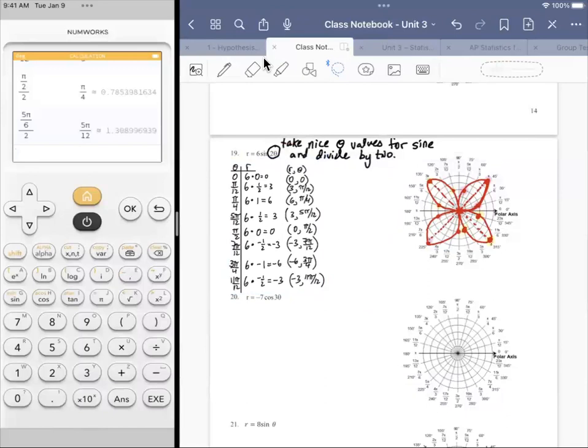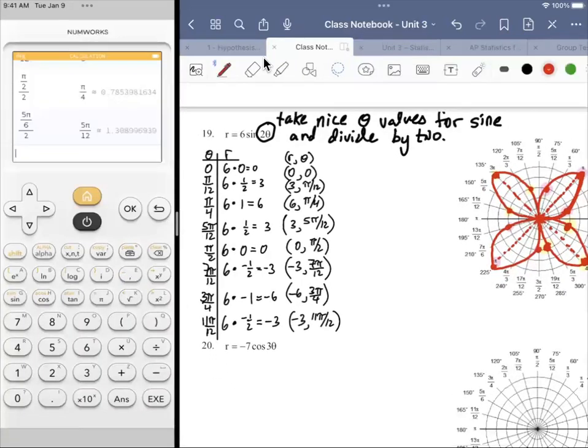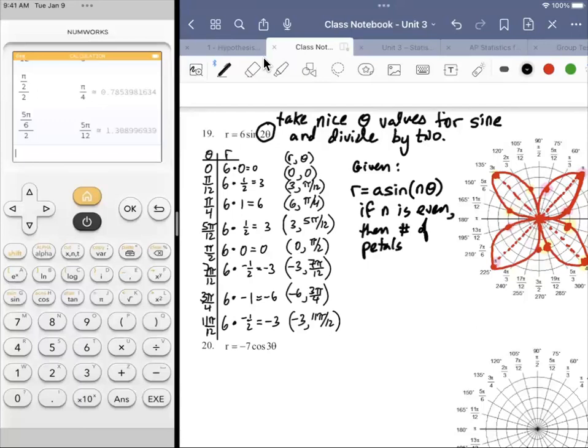In a rose, if the coefficient is even, then the number of petals will be equal to twice that value. All right. So I know that's kind of a wordy way of saying it, but given r equal to a sine, it doesn't matter if it's sine or cosine of n theta, if n is even, then the number of petals is equal to 2 times whatever that n value is.